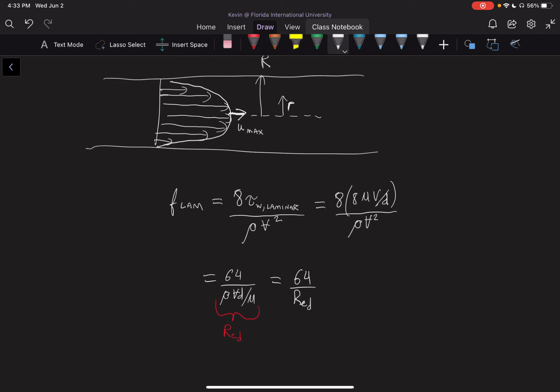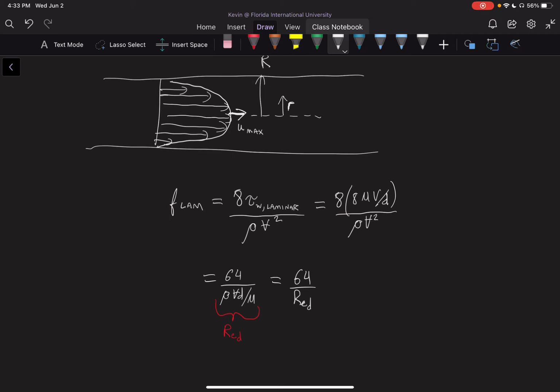So we can say, essentially, that our Darcy friction factor for laminar flow is inversely proportional to Reynolds number. So that means that if Reynolds increases, we have less of a friction factor.